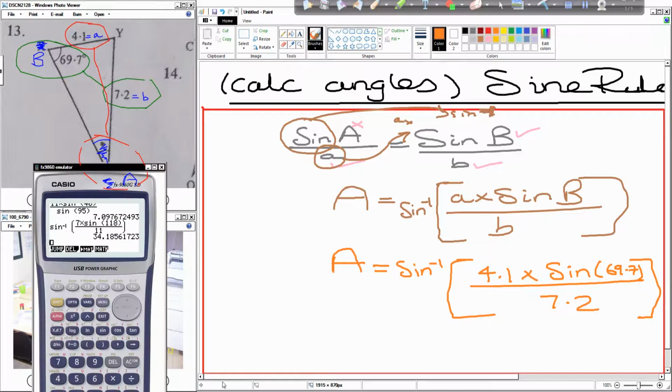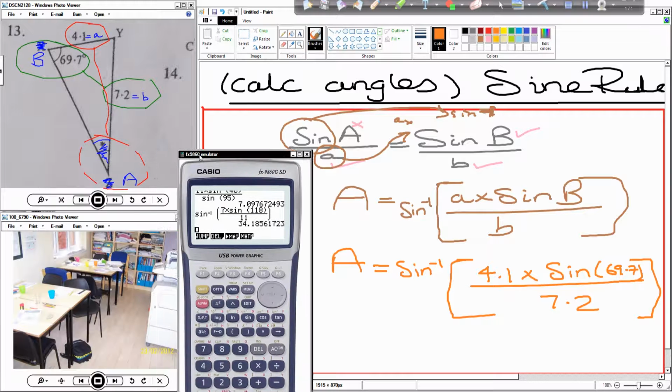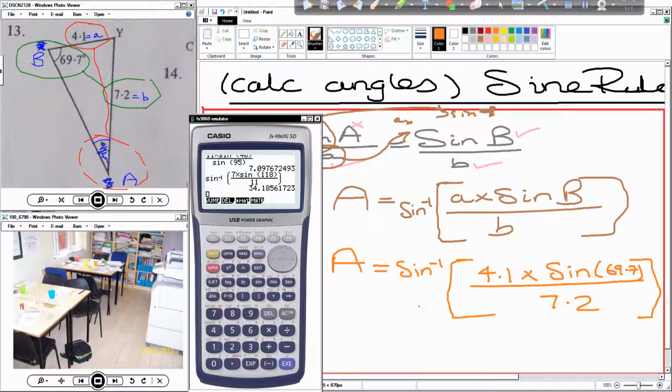So launch the calculator. Here we go. Okay, right, let's try. So first we press shift to get the second function, sine minus 1, bracket, fraction button, type it in now. 4.1 times by the sine, bracket, 69.7, close that bracket, replay, bring the cursor to the bottom.